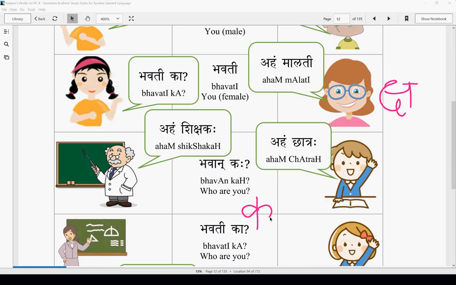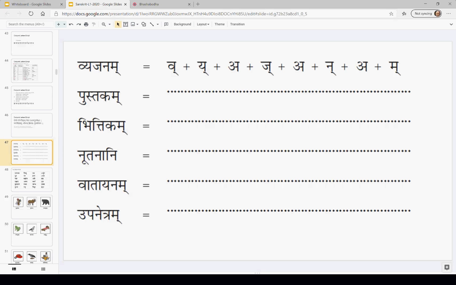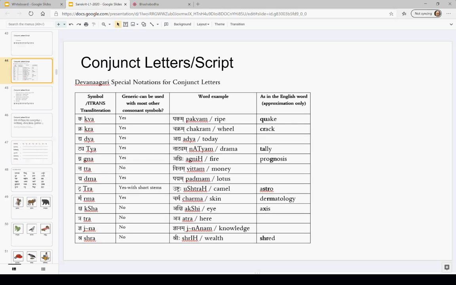Ka and sha. Shiksha. So I would need to just memorize it on its own. Yeah. In one of the slides, I had listed all of them. I was just double checking that you didn't draw it somehow. It's a standard one. Okay. Thank you.